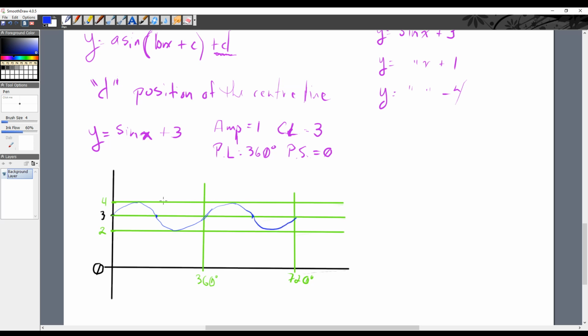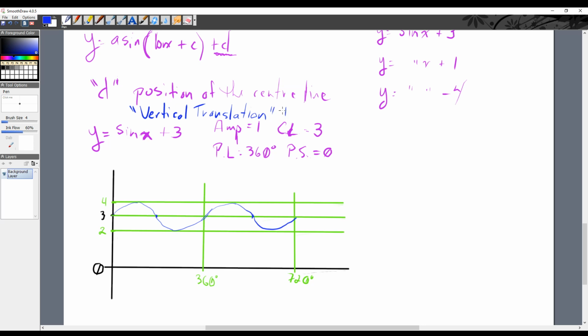Okay, so the D value is the position of the center line. It's also known as our vertical translation.